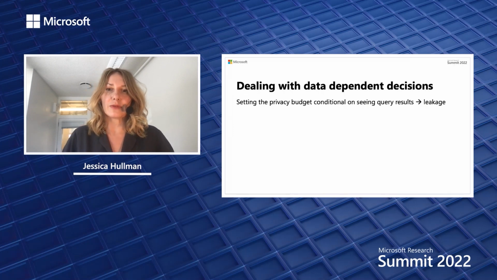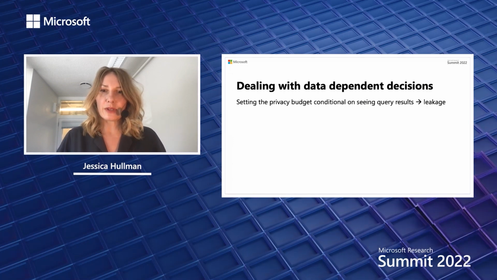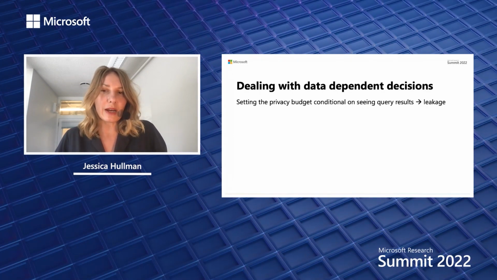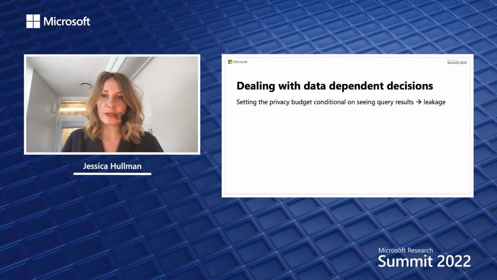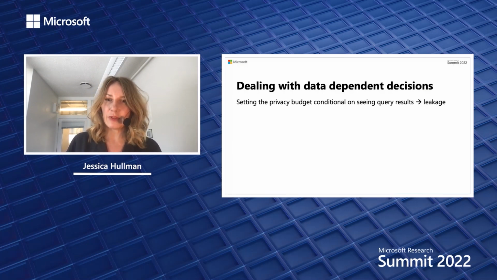The privacy loss risk entailed by this leakage is that by knowing how epsilon was distributed across queries, an end user could infer that the queries with higher epsilon allotted to them actually have smaller data values, for instance. So data-dependent decisions about budget directly conflict with the idea of controlling all privacy loss.